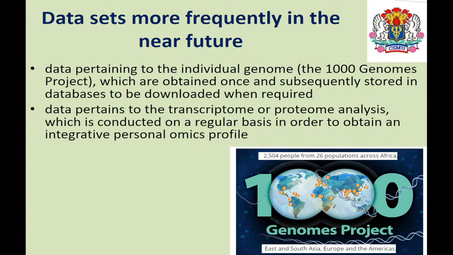Next project, which we know as the 1000 Genomes Project, was research of persons, peoples, populations from East and South Asia, Europe, and the Americas. In total, how many populations and people? No, it was 1,000, but every population was limited.